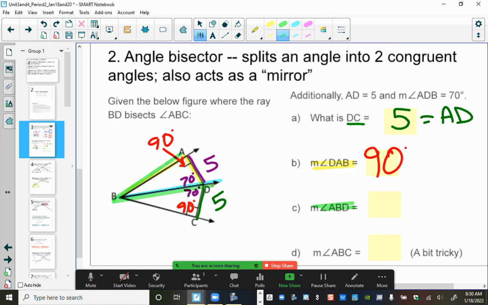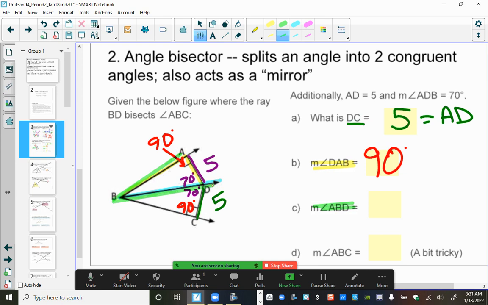Now, just focus on the top triangle. You already have a 90-degree angle and a 70-degree angle. So we have 90 plus 70, which is 160. Now with any and all triangles, what's the sum of the measurement of your three angles? Any and all triangles have to add up to 180.